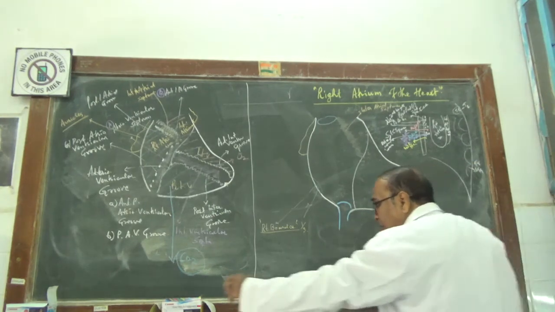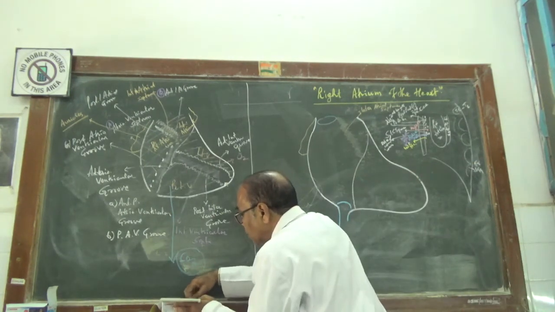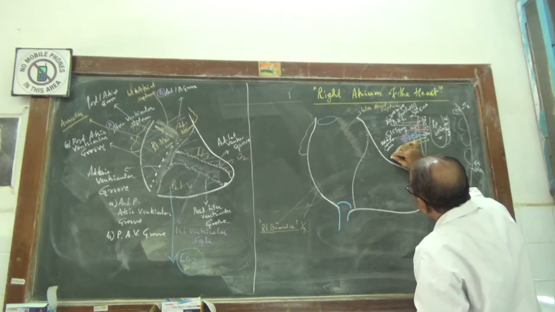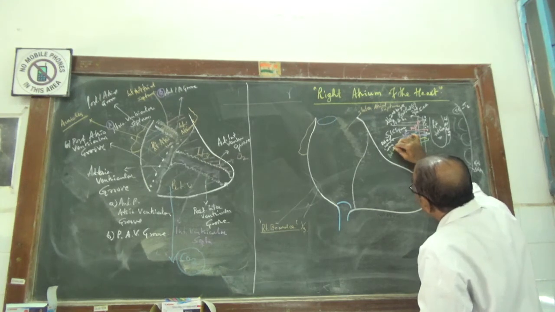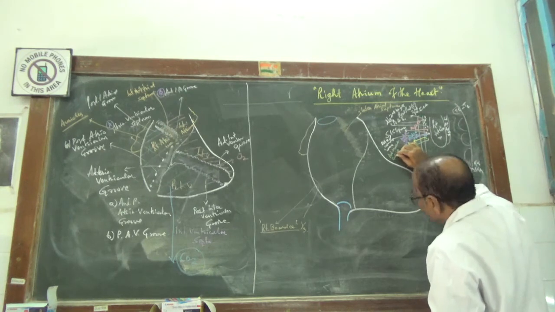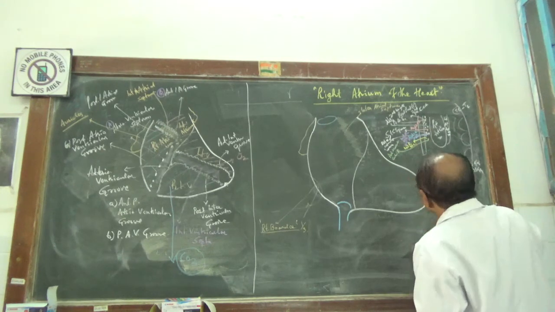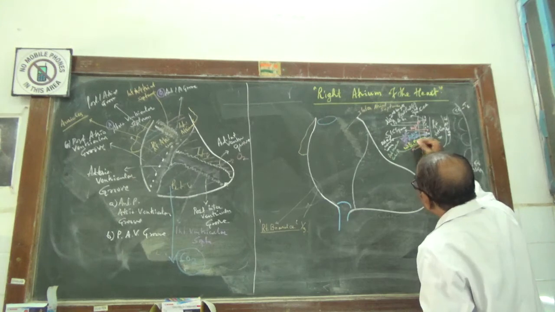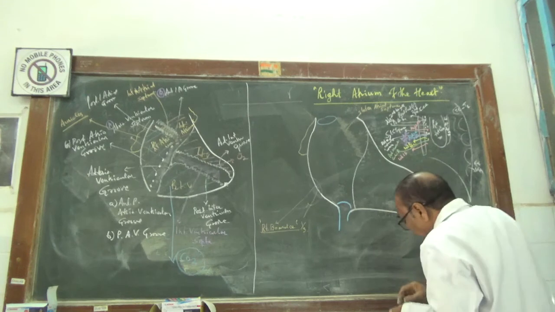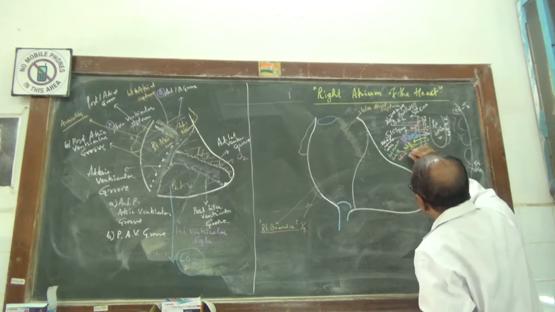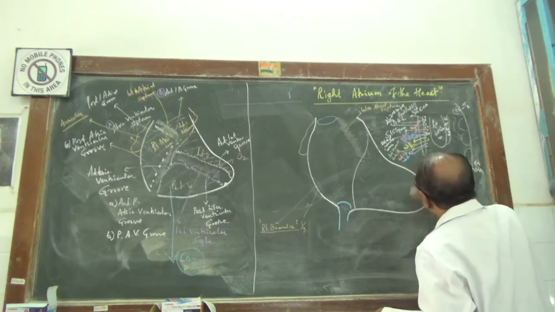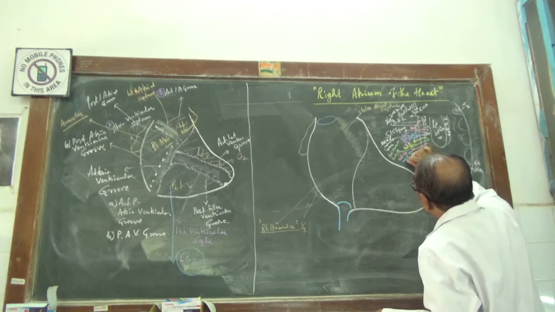With all that, it is also related to the contents of the anterior mediastinum, such as internal thoracic artery, internal thoracic veins, and internal thoracic lymph vessels.